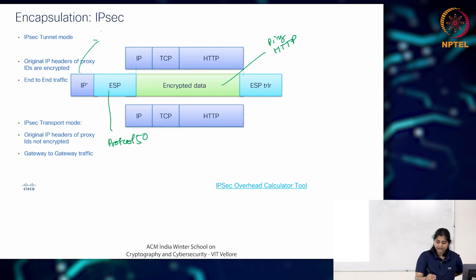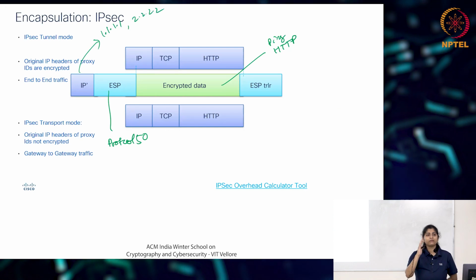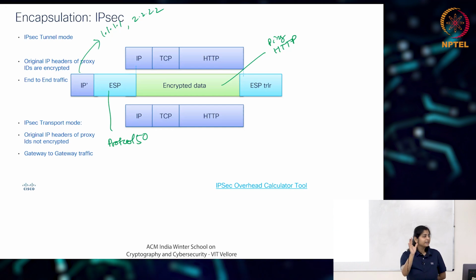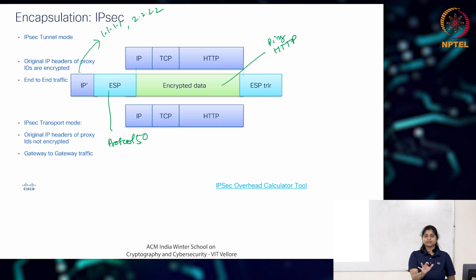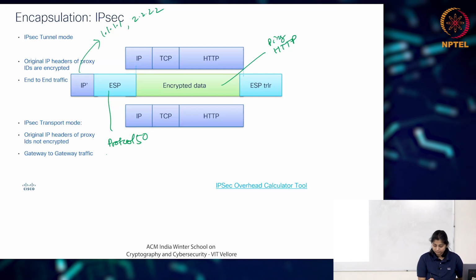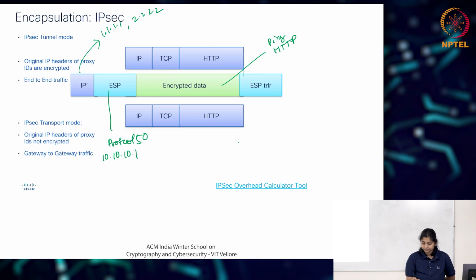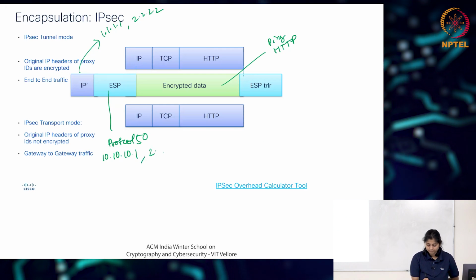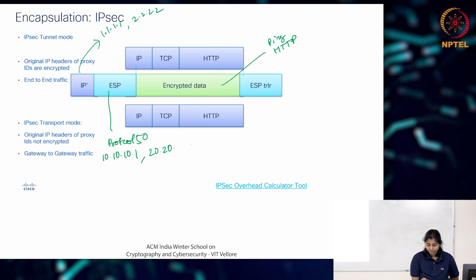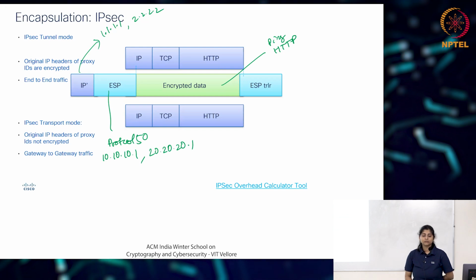And here the IP addresses will be 1.1.1.1 and 2.2.2.2. Or I think we have gone off track with the IPs, but you get the idea, right? These are the VPN devices, the outer layer. Okay? Clear? Cool.